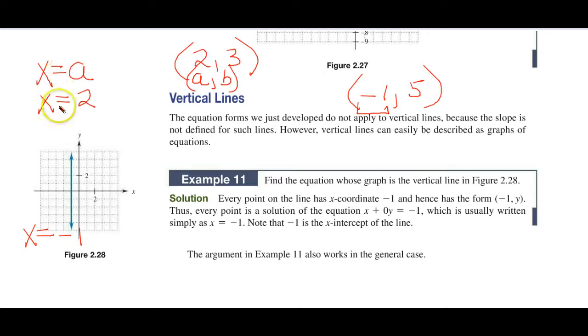So again, using equations that we've been working on. Another modification of this is write an equation of a line that has undefined slope. That's a vertical line. They're just asking it a different way.